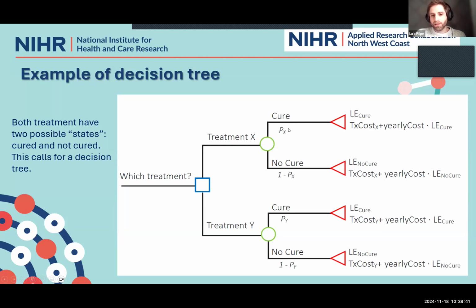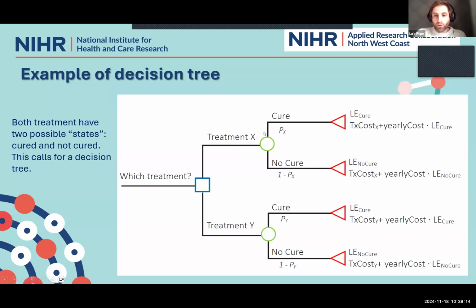This is the probability of being cured through treatment X. So with some probability, with this treatment, you get cured, and below no cure, there's a 1 minus px. So it's basically the inverse probability. If you get a probability of cure of 20%, it means that the probability of no cure would be 80%, for example. It's not very complex, but feel free to unmute yourself and ask me questions anytime.